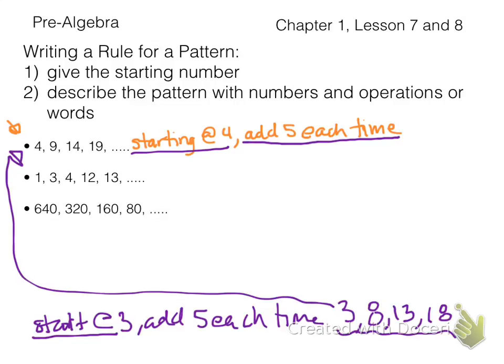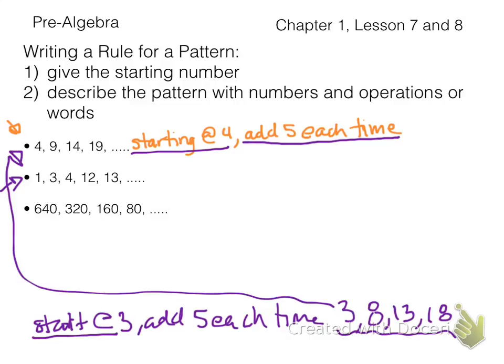Okay, next up, the next pattern right there. This one's a little tricky because the pattern is not consistent every single time you use it. Something might be different. So how did I get from 1 to 3? Well, I can add 2, or I can multiply by 3. But what's the next thing that happens? 3 to 4.